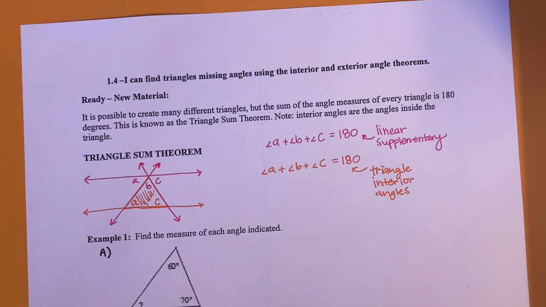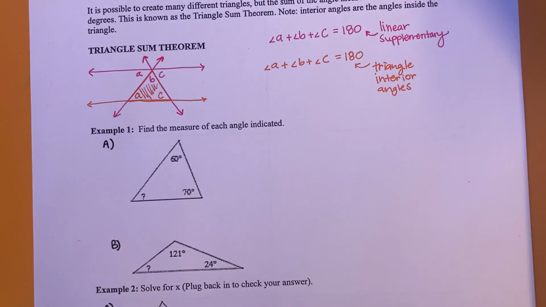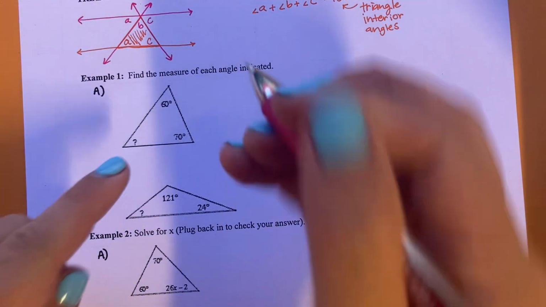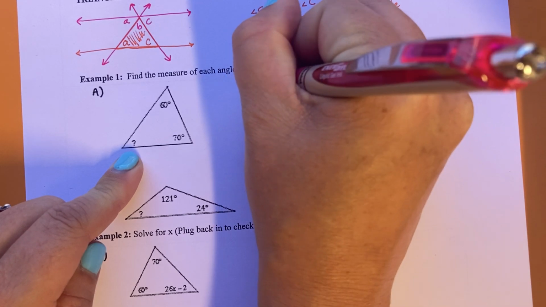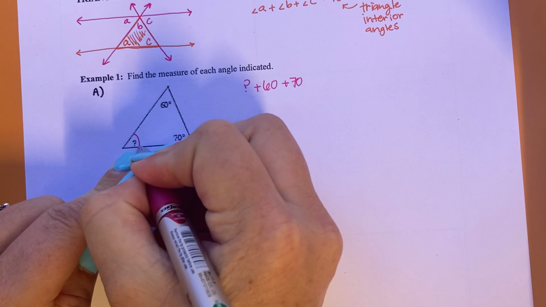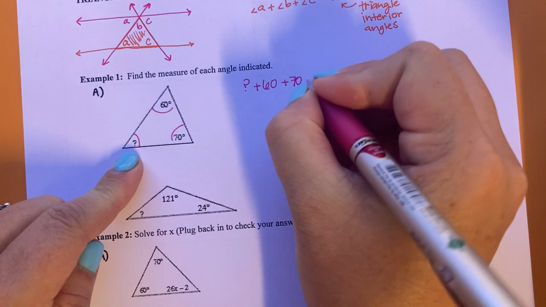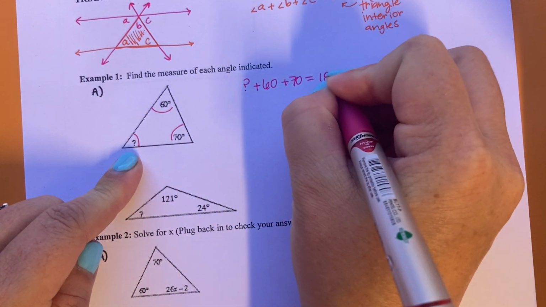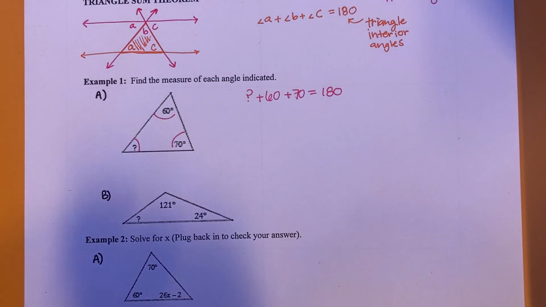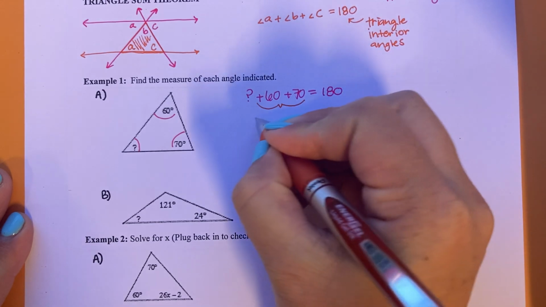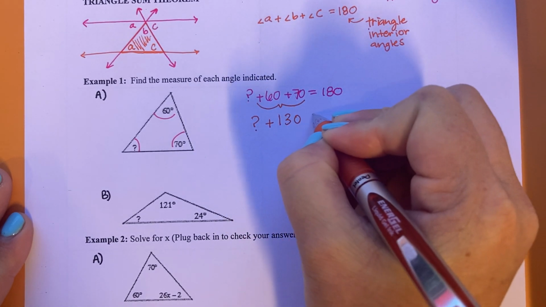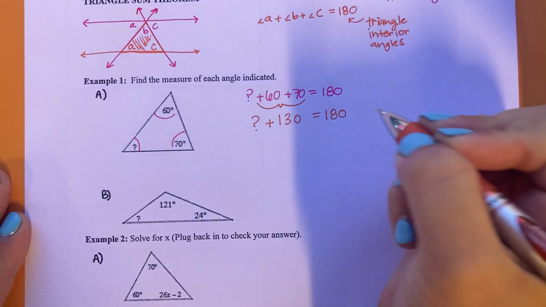All right, so from there, knowing that, we are going to try and solve for interior angles. I am given question mark plus 60 plus 70, and because these are the three interior angles, they should add up to equal 180, which means question mark plus 130 equals 180.